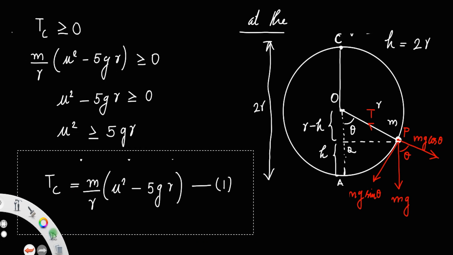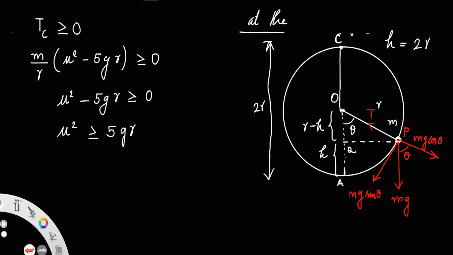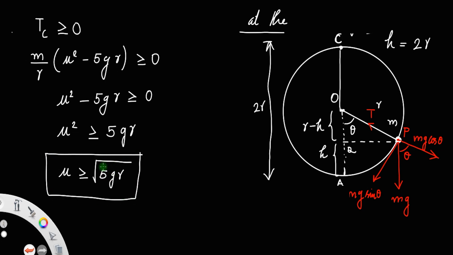Taking the square to the right side, it becomes a root. So u is greater than or equal to root of 5gr. This is the minimum velocity at which the body must be projected from the point A so that it will continue looping.